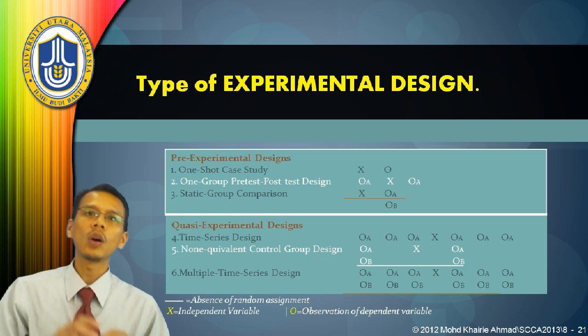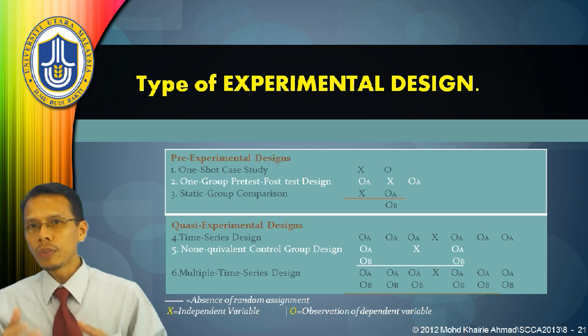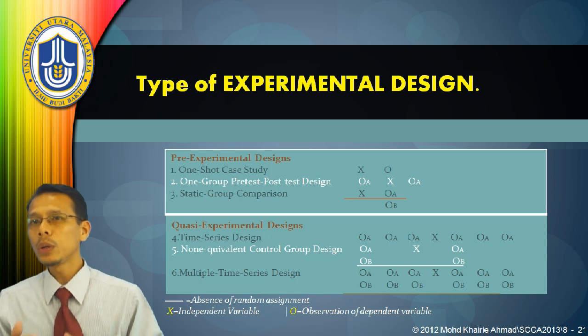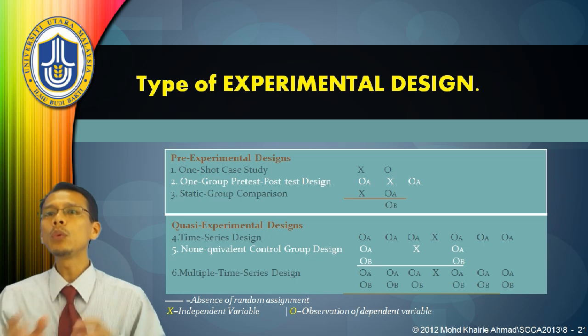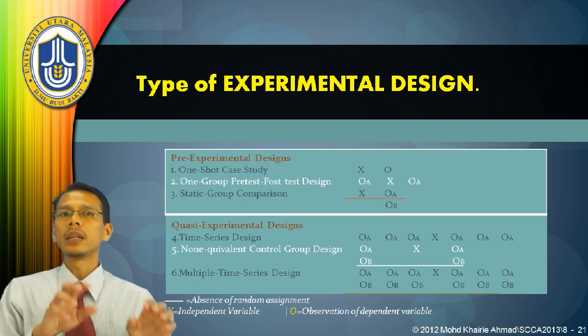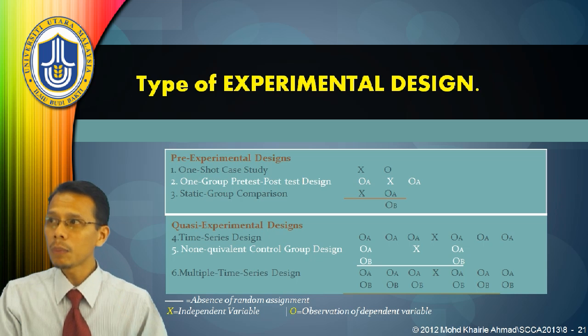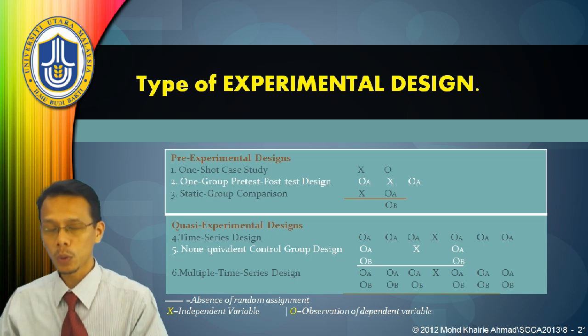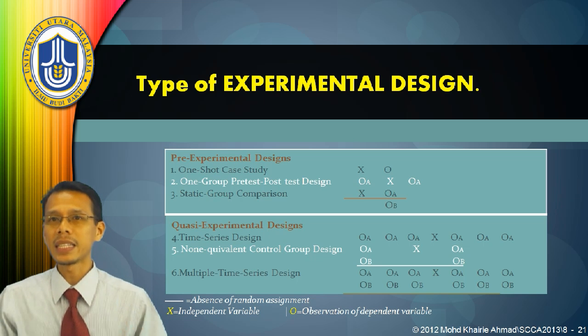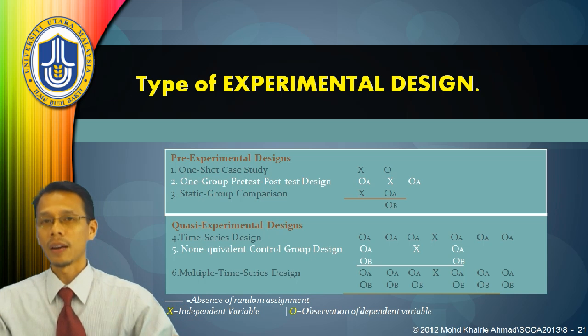The next is what we call non-equivalent control group design. This is where we compare a group that we impose the independent variable on and a group that we don't impose the independent variable on, but we assess them twice, before and after.